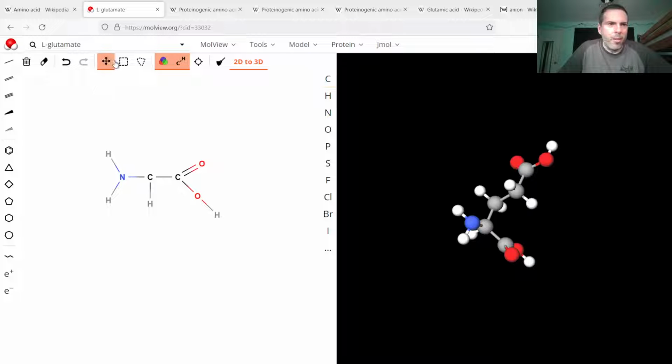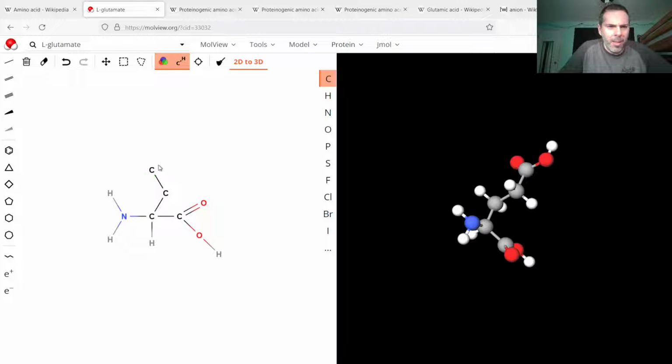Okay, so glutamic acid, as you guessed, is an acid. So it's going to be the same carboxylic acid that we've been seeing on every amino acid, just on the side chain this time. Let me finish drawing it real quick.